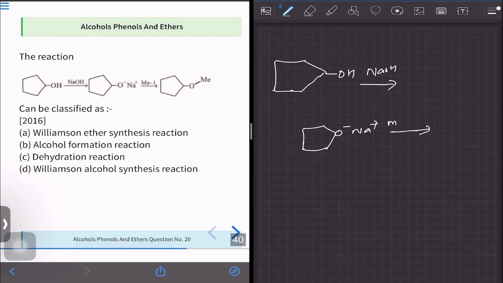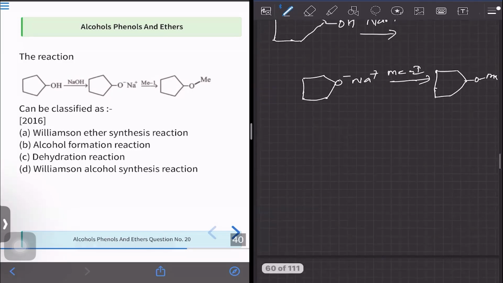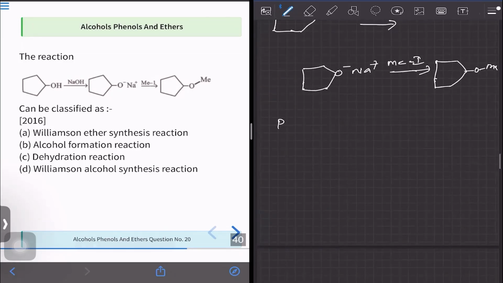Whenever it reacts with methyl iodide, it produces O-methyl. They're asking what this type of reaction is known as. See, whenever alkyl halide reacts with RONa, it produces ether and NaX.